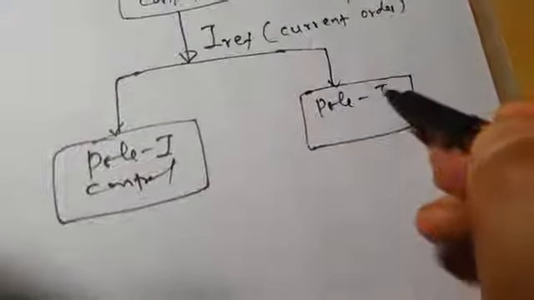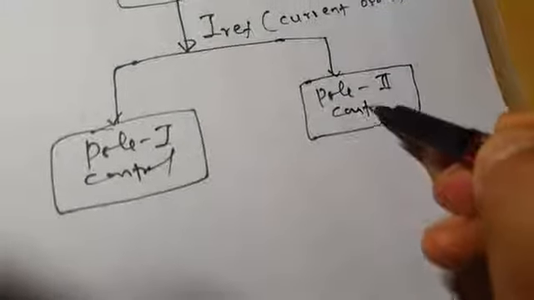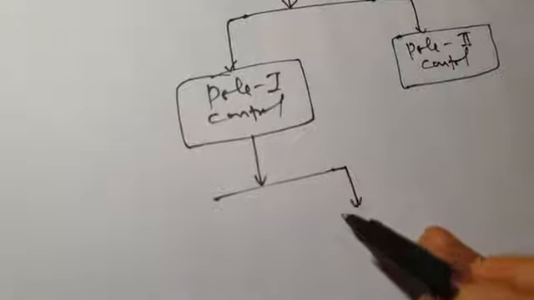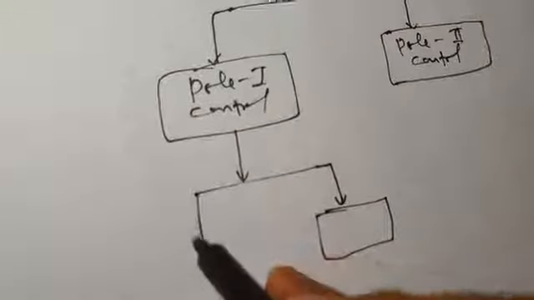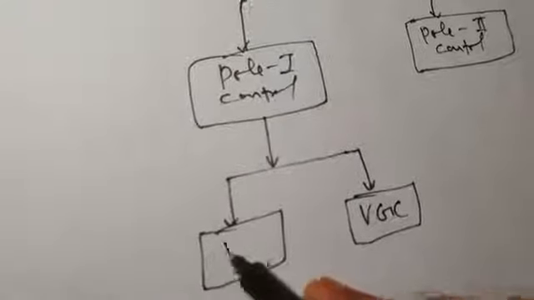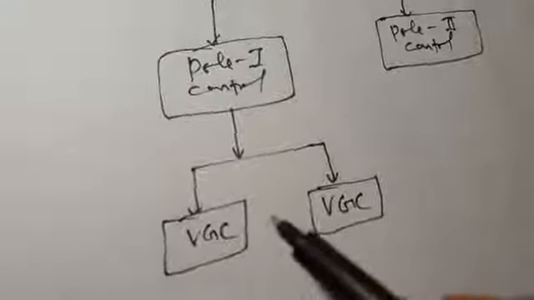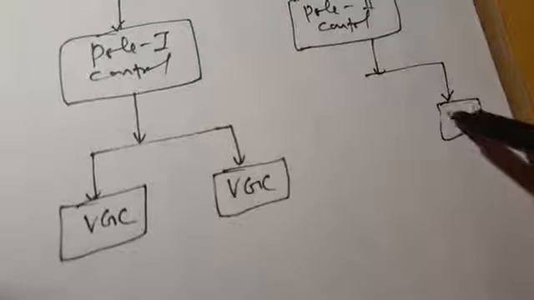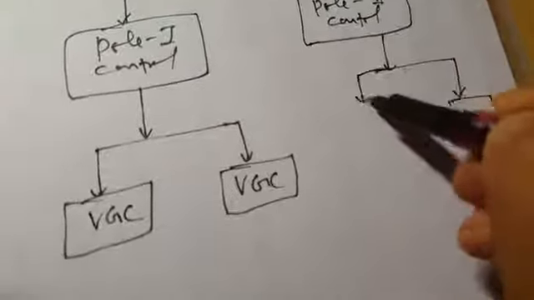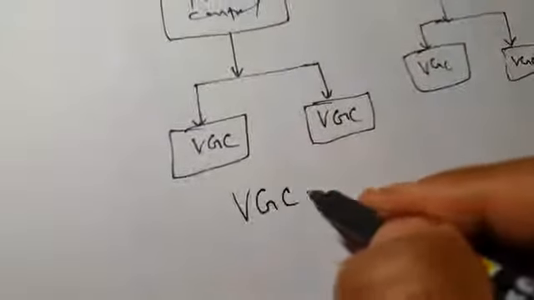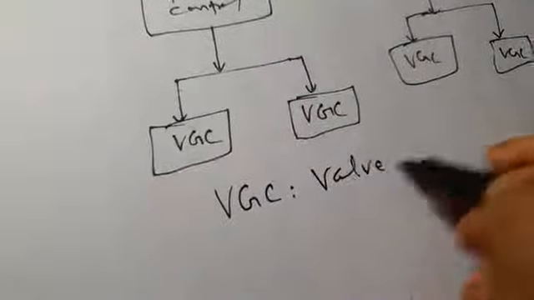Whether it is pole 1 control or pole 2 control, the control is further divided into two hierarchies: VGC, value group control. And similarly on this side you have VGC and VGC. VGC means value group control.